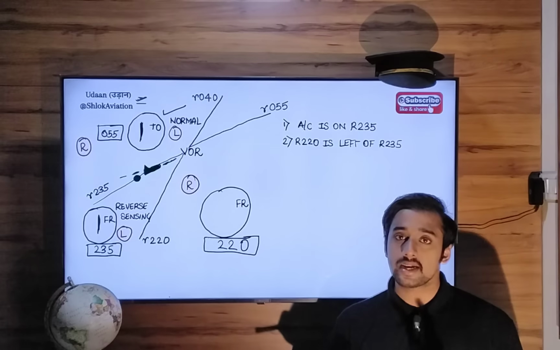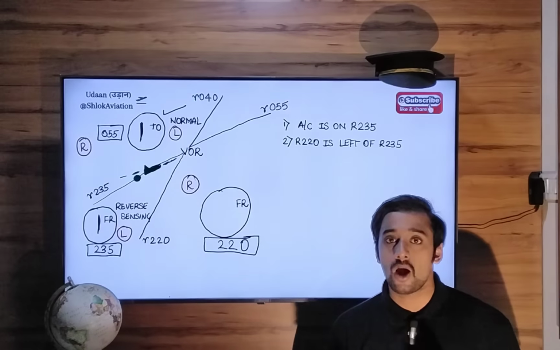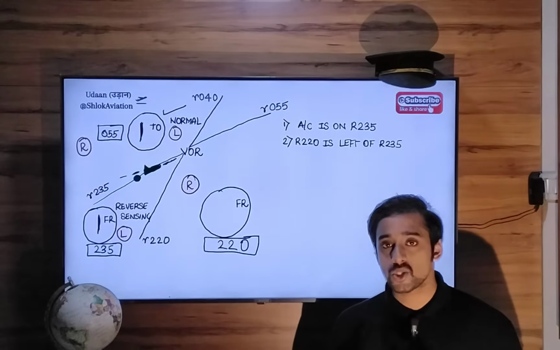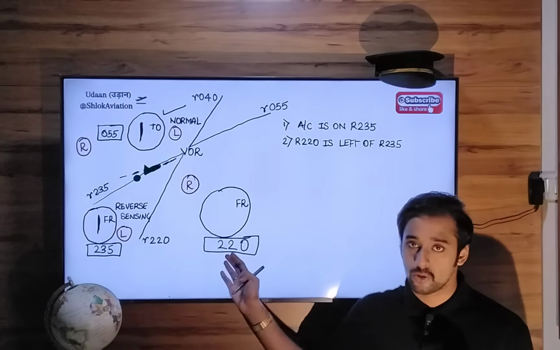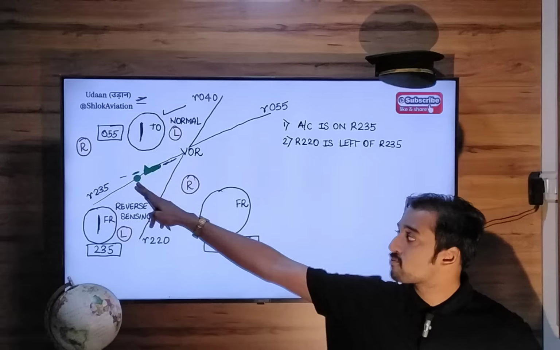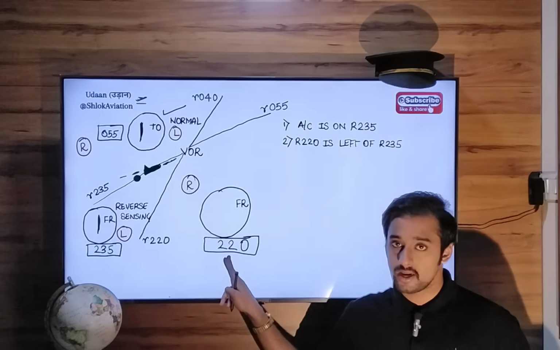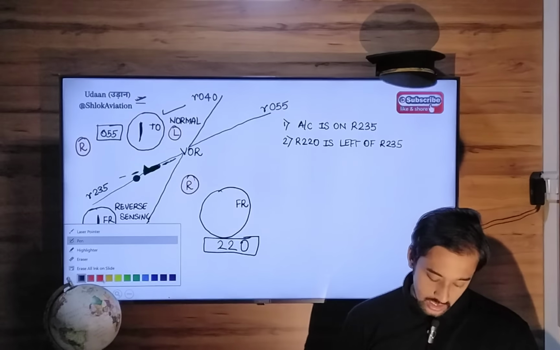If you put 220, all the indications will be with respect to that. The OBS selector, the VOR equipment on board, doesn't know whether aircraft is flying inbound or outbound. It is not concerned about aircraft heading. It is only concerned about aircraft position and the OBS setting that you put. So current aircraft position is on radial 235. You have put radial 220 here. So the job of the CDI will be to go what side?